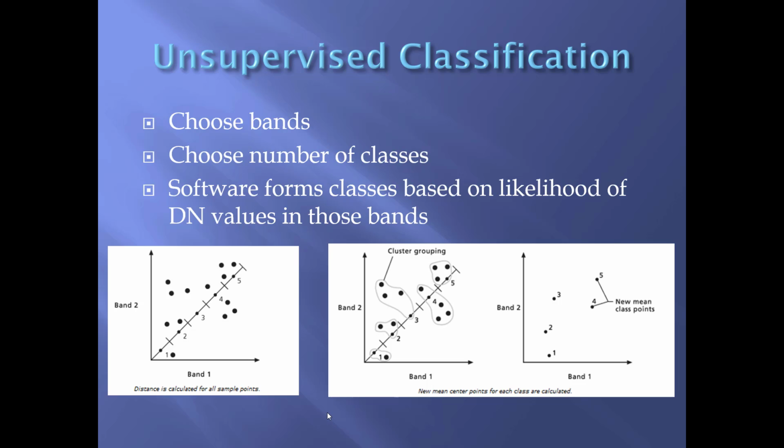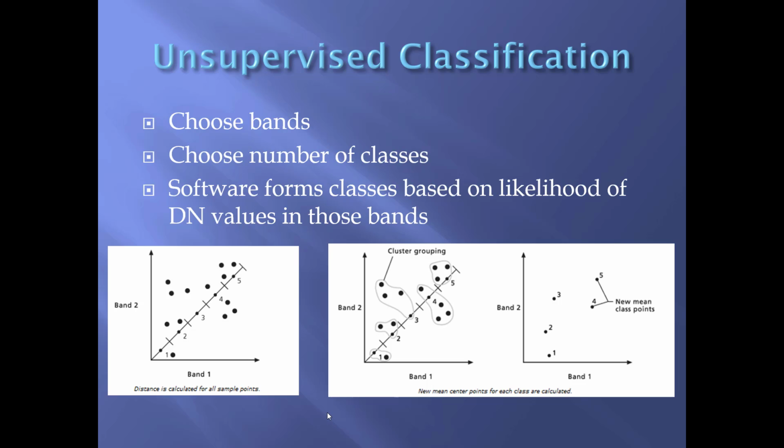So in unsupervised classification, you choose the bands, you choose the number of classes, and then the software puts things together based on the likelihood of the digital number values in those bands being the same material or land cover. On the left, we see distances calculated for all sample points between band 1 and band 2, and then the cluster is drawn around those points, and again we come up with a new mean and a new grouping of classes.